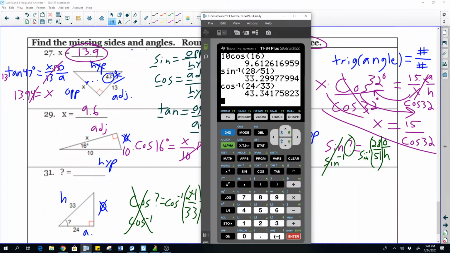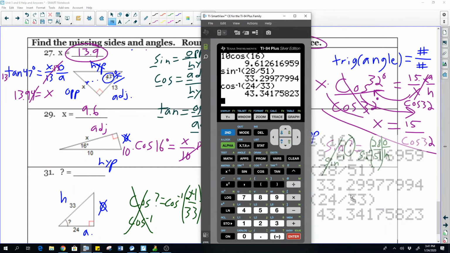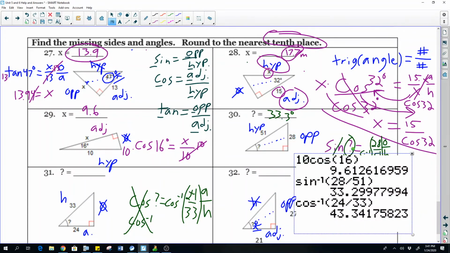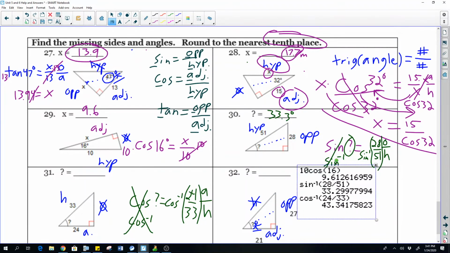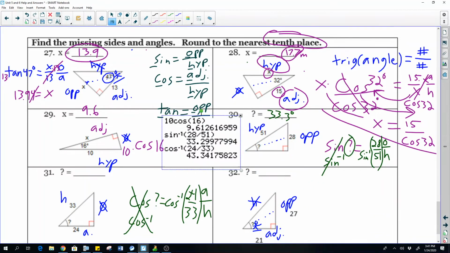So we get 43.3. The 4 just truncates off, so we're left with 43.3 as our answer. Don't forget degrees: 43.3 degrees.